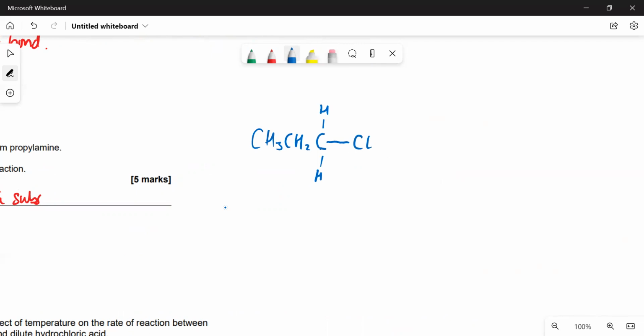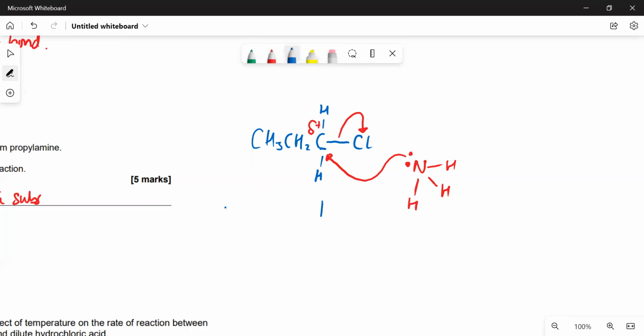Here is our ammonia, and the nitrogen's got a lone pair. You don't have to put that on, but there's a delta partial positive charge on that carbon. The lone pair goes to the carbon, and then the carbon-chlorine bond is going to break. So we draw the arrow from the bond onto the chlorine.